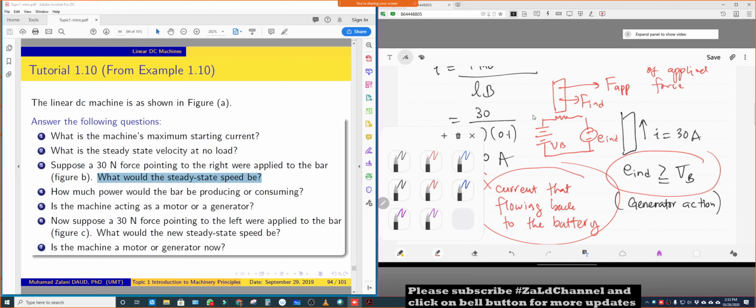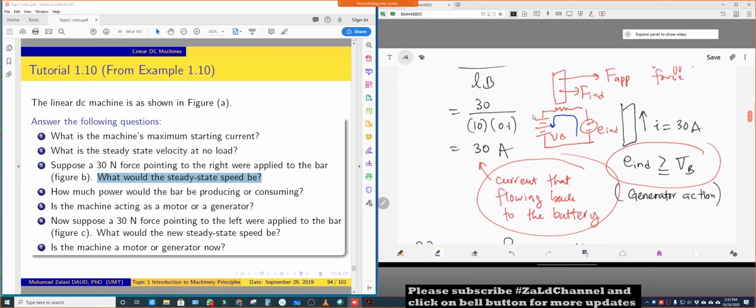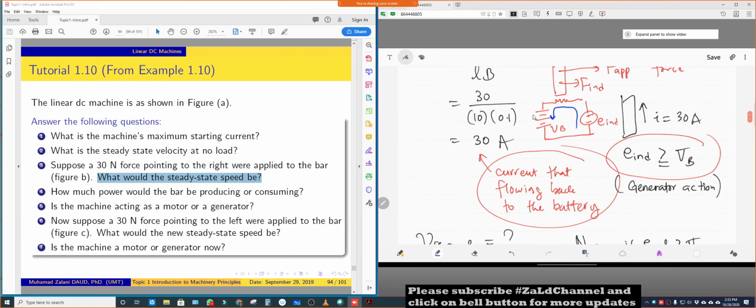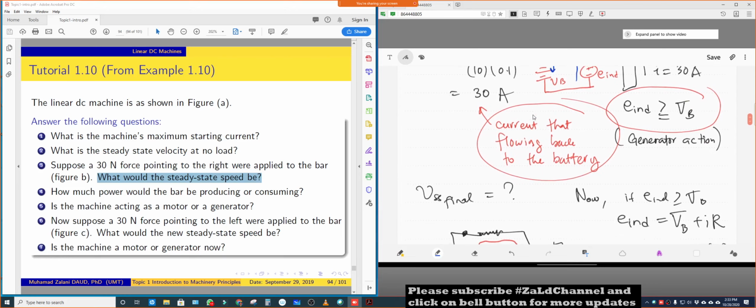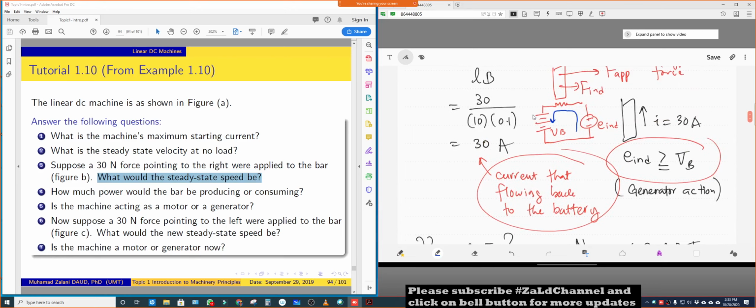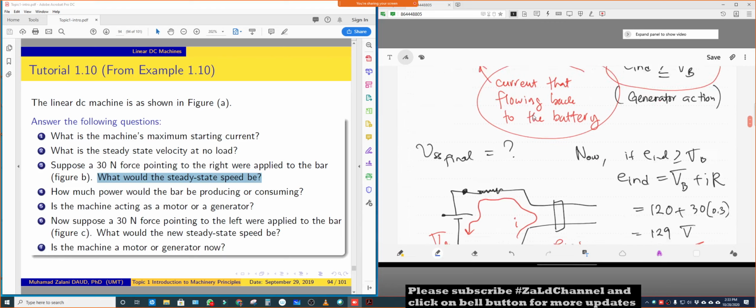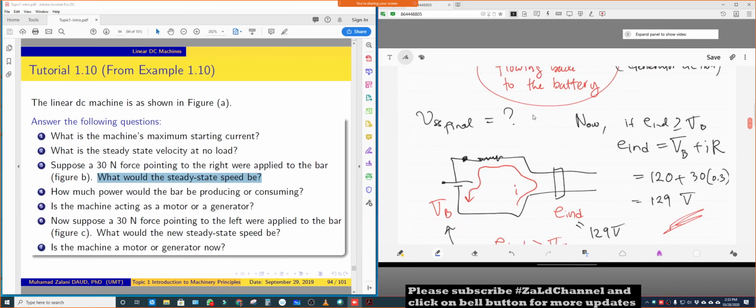So current is now flowing from the bar to the battery, which means it is trying to charge the battery. So we know that the current is actually moving counterclockwise. So this is the generator action.